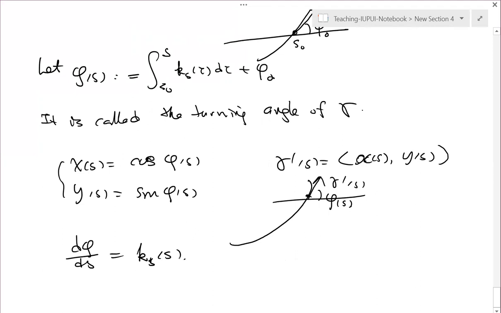So the derivative of the angle is going to be the curvature. This is another geometric meaning of the curvature. The curvature tells you the rate of change of this particular angle.